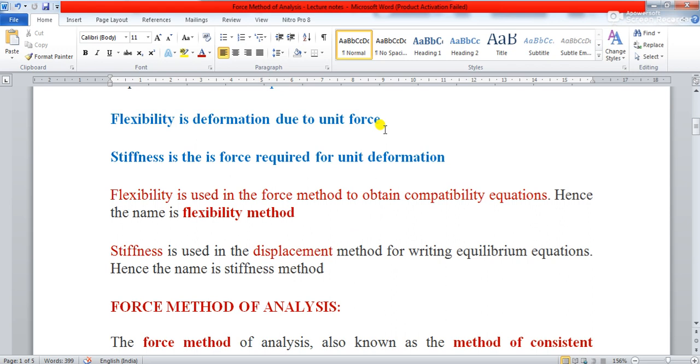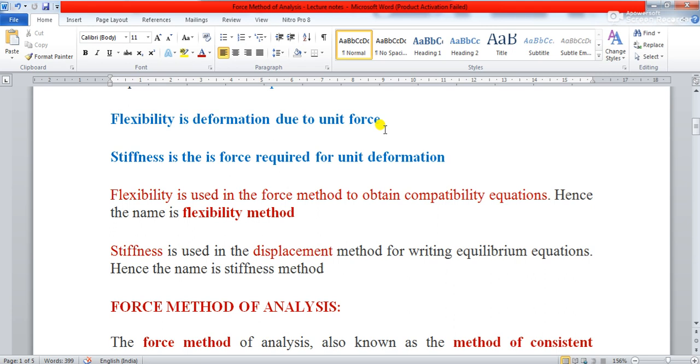And in the force method, the unknown is the force. So if you find out the deformation under unit force, you should be able to find the deformation under the unknown force.